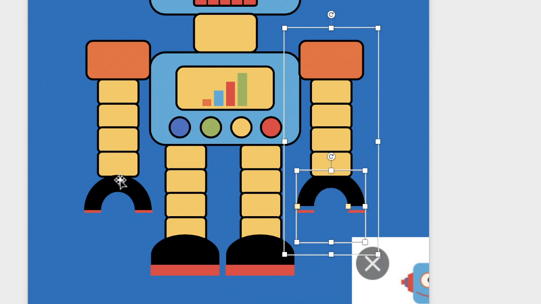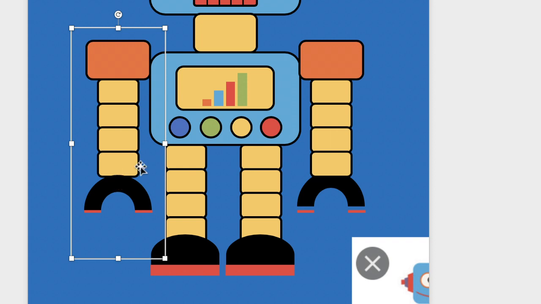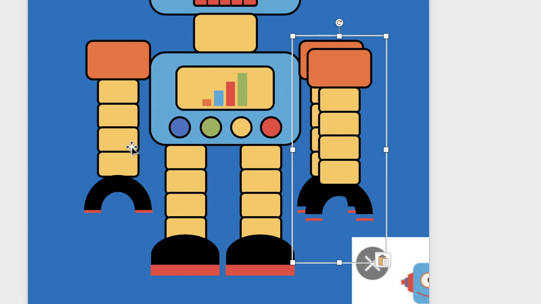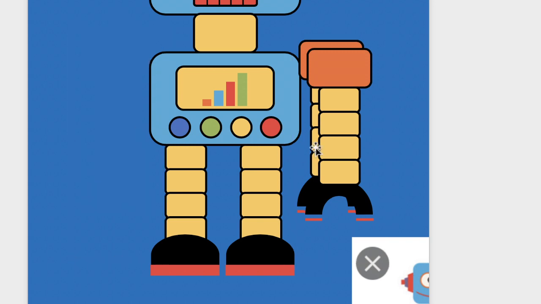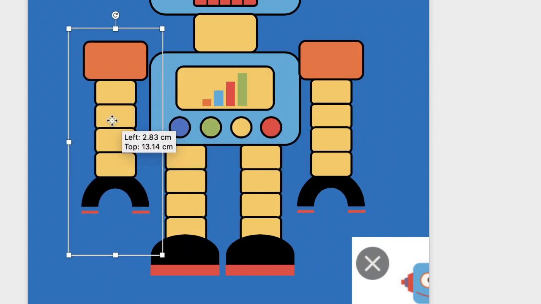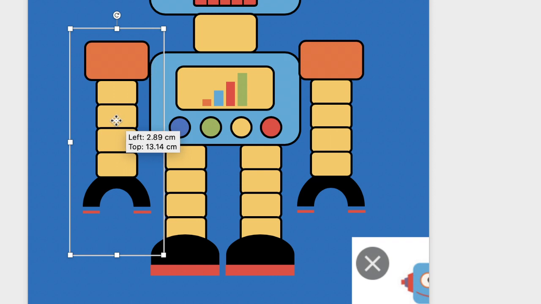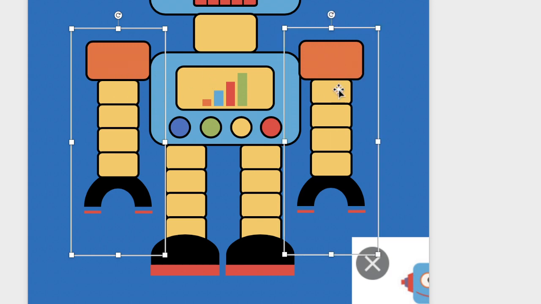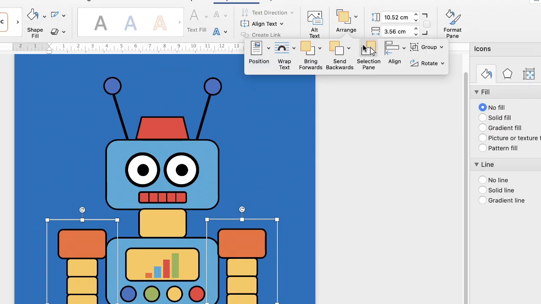And again, you can do that on the other side. In fact, it might be easier just to select the group, copy and paste, select this arm, delete it, just move that one over. And again, once you're happy with its alignment left or right, highlight the other arm and just align it to the top again.